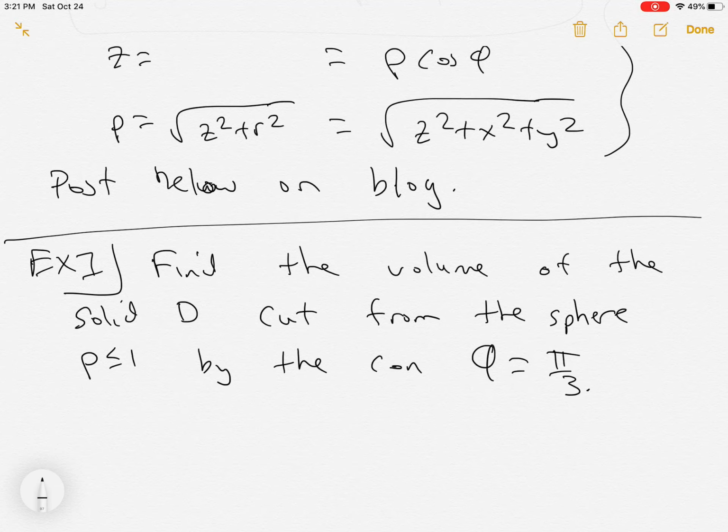So in spherical coordinates, if you fix rho, you get a sphere, and if you fix phi, you get a cone, and I'll show you why in a second.